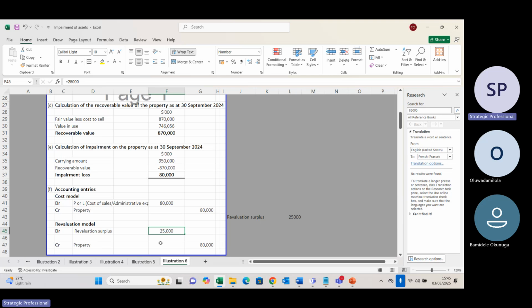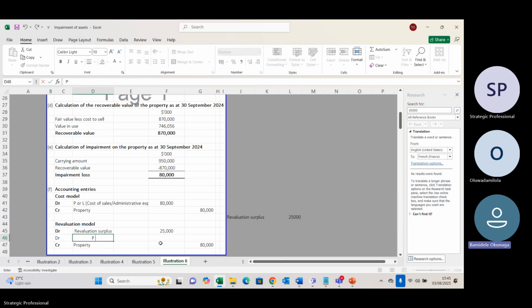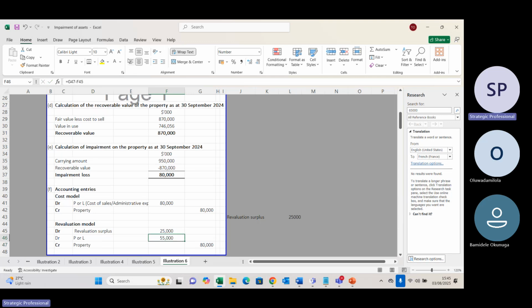It does not make any sense. So the difference between the 80 and the 25, which is 55, will now go to P&L. So this is our accounting entry.